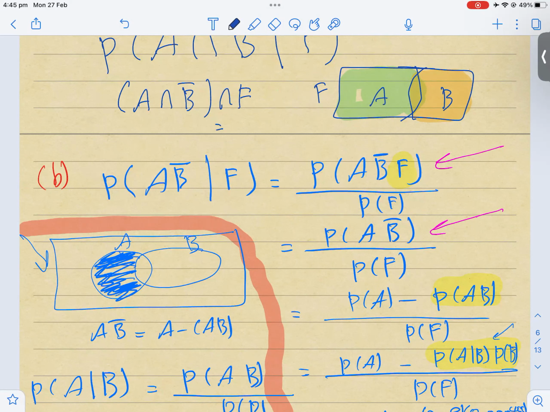No. This is equal to A, A intersection with B bar.